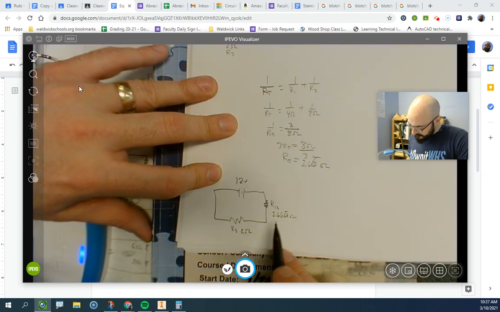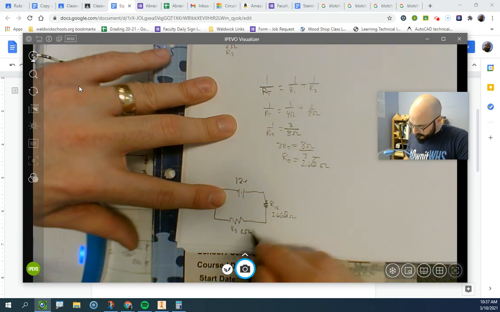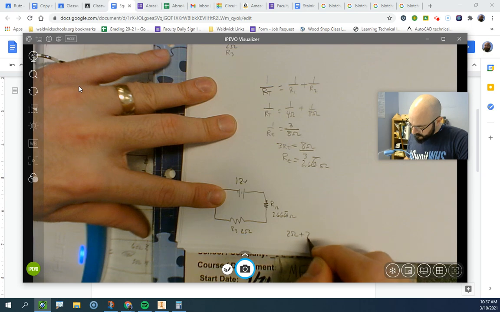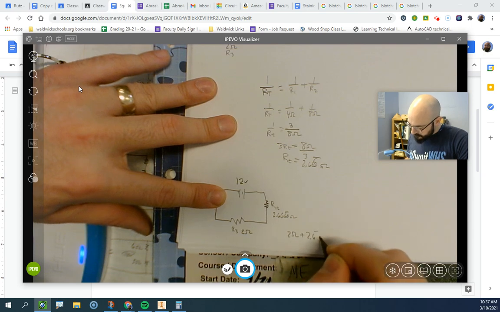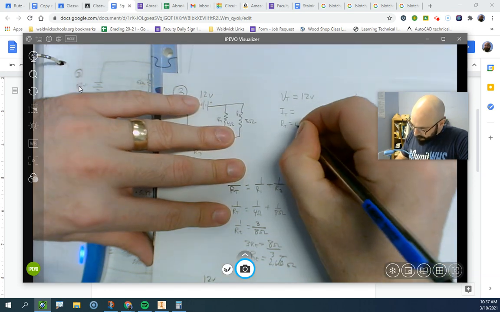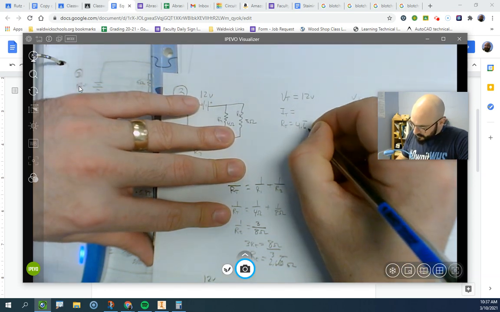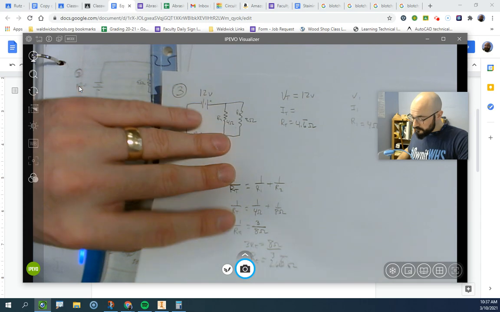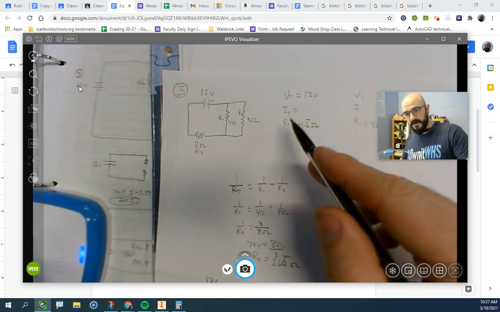Series is super easy. I just add these together. So 2 ohms plus 2.6 repeating ohms, I'm going to end up with my total resistance of 4.6 repeating ohms.